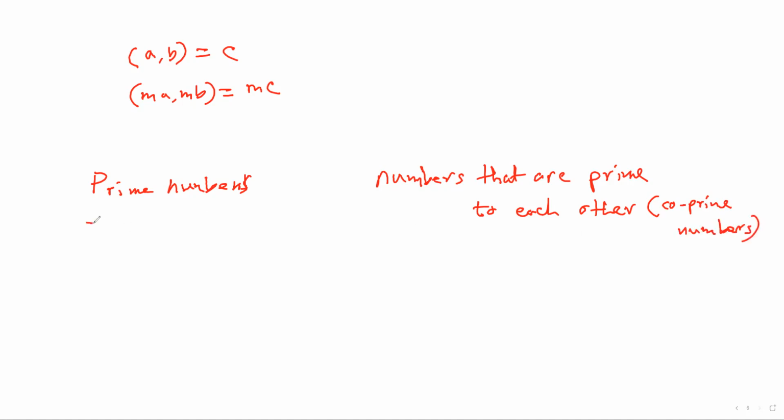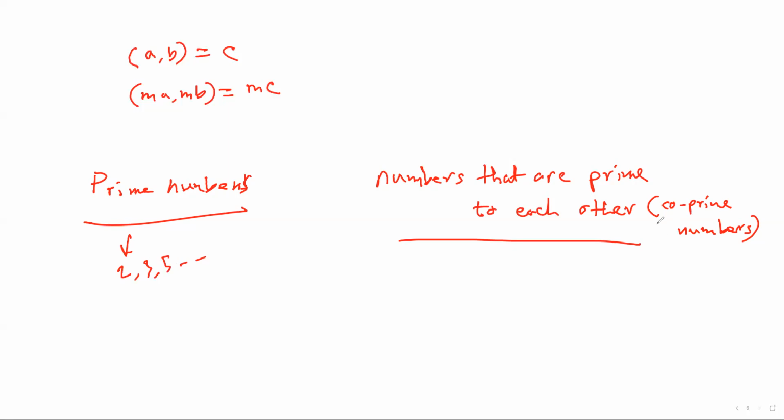I think you guys know the definition of both of these two. Prime numbers are positive integers which have just two divisors, the number itself and one, and no other, right? So that means 2, 3, 5, etc. are prime numbers.